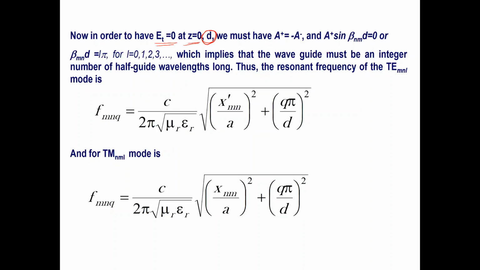And then the other thing which has to happen is a plus sine beta md has to be 0, or beta md has to be pi, which is again something we have already seen many times: I have this field in the z direction that I have to fit at least half a lambda in the z direction, which is exactly what this turns out to be. And so basically the frequency components just become the terms which I have. These are the resonant frequencies of these cavities. This is just a repeat of what we had talked about last week.